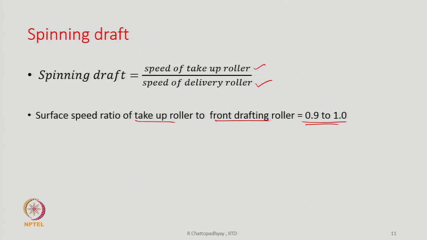That is the generally kind of draft that we keep, that is either 1 or slightly less than 1. So, the front roller delivery speed and the take up roller speed, the surface speeds of these two, this draft is also very critical.